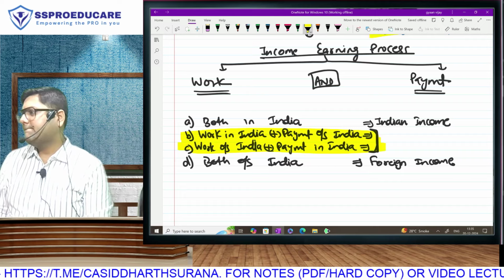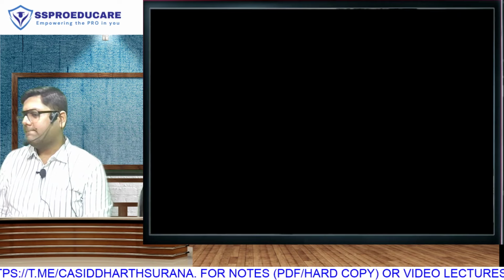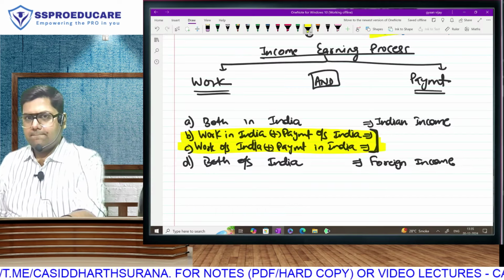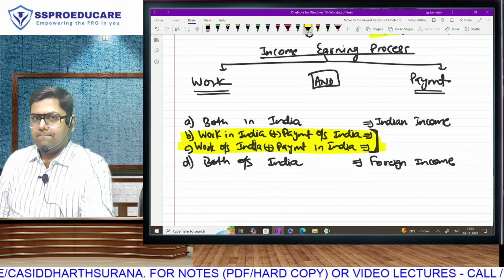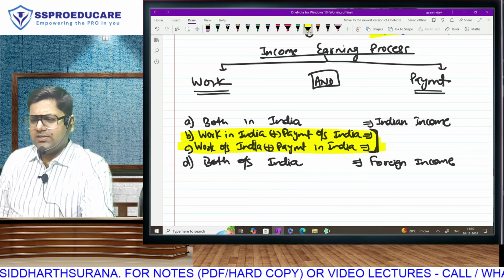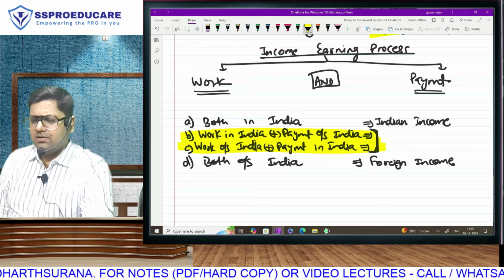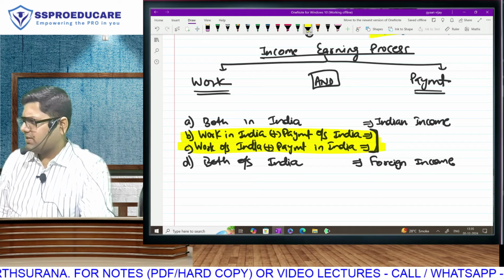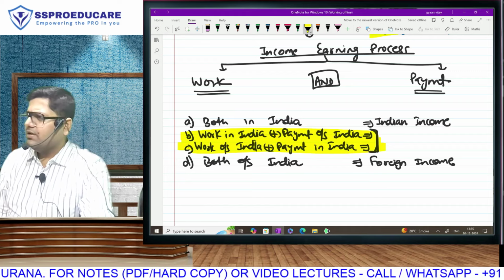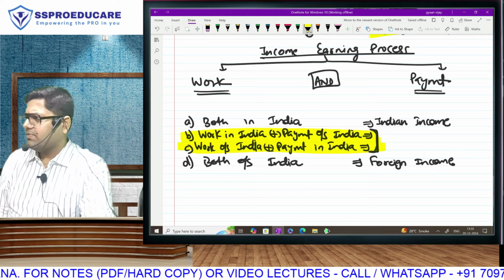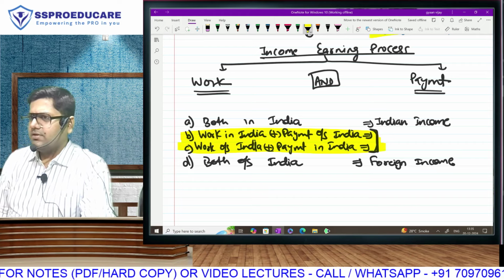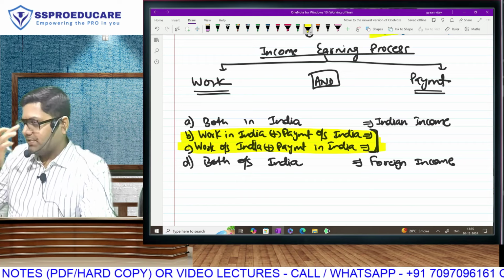In the second case, if the payment is made in India, there is a chance that the company is an Indian company. Not necessarily. I'll tell you the reason. A foreign company can also be making the payment in India. In fact, any organization can be making a payment in India. Supposing, I will give you a simple example.